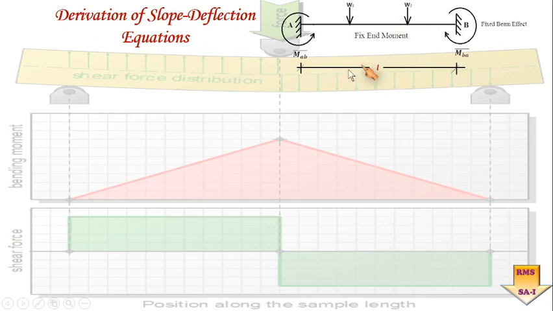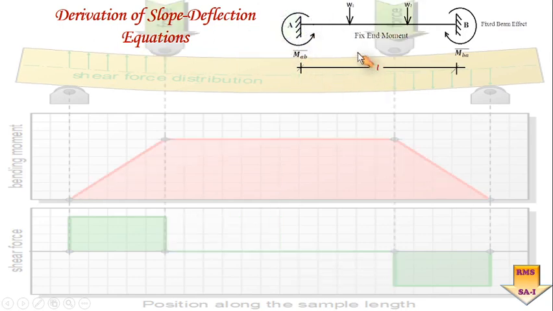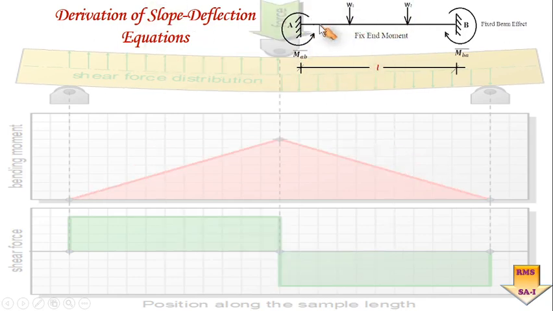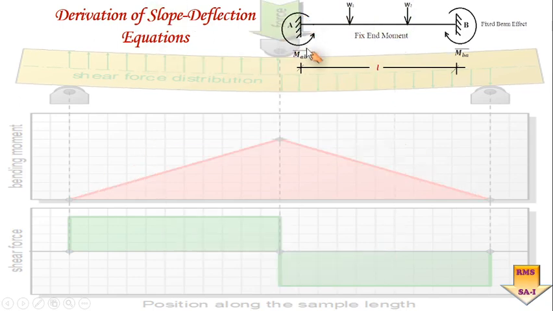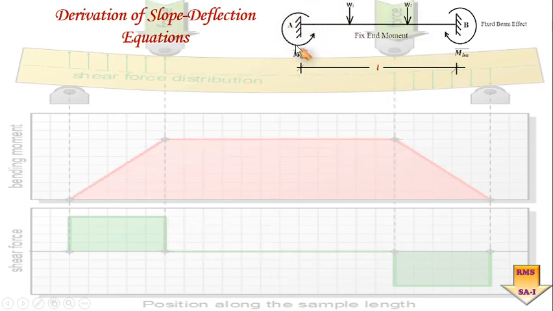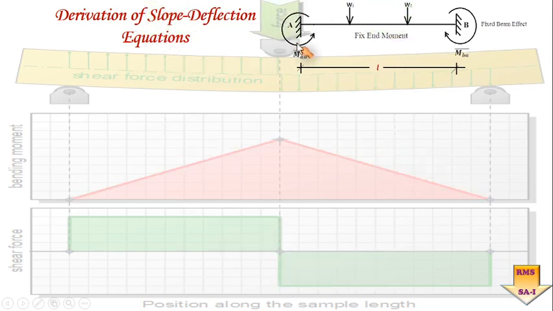After finding that, as I have told you, due to the applied load on the beam there will be fixed end moments, and these are not going to give you the complete solution.